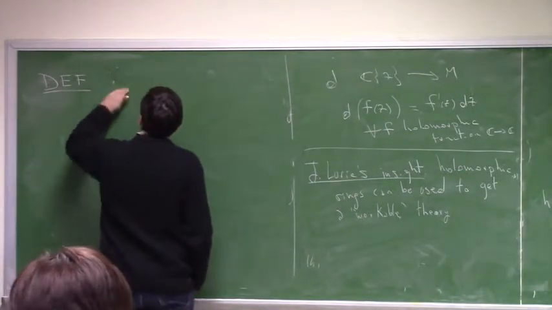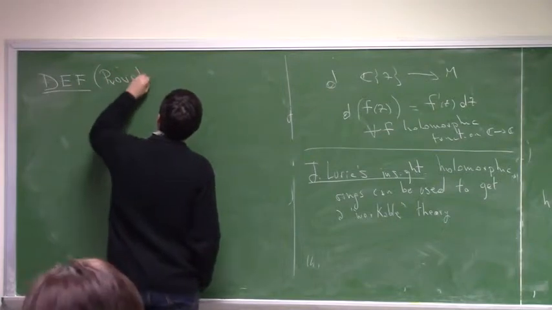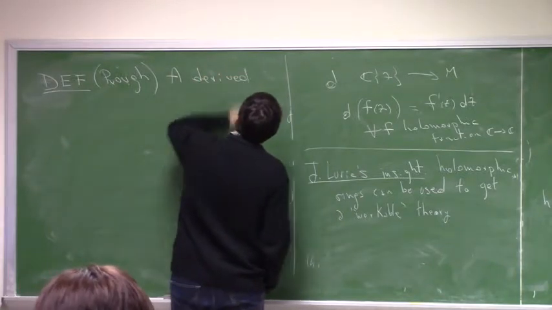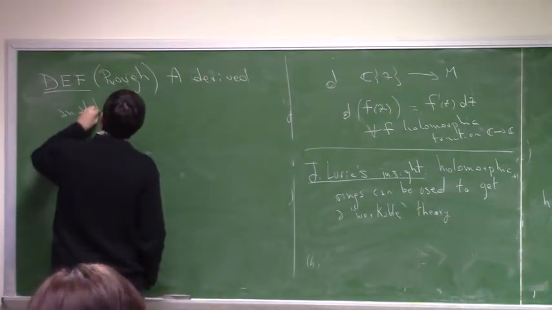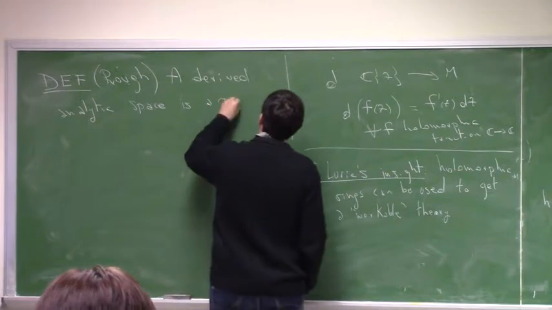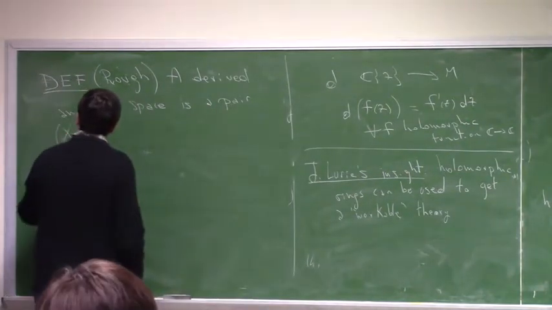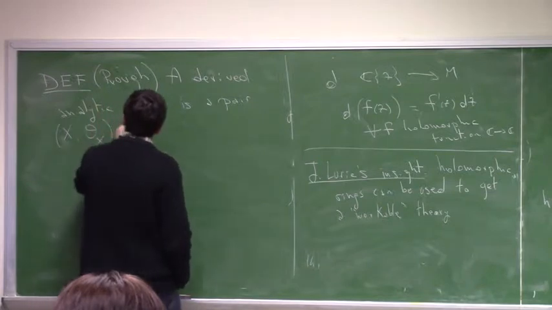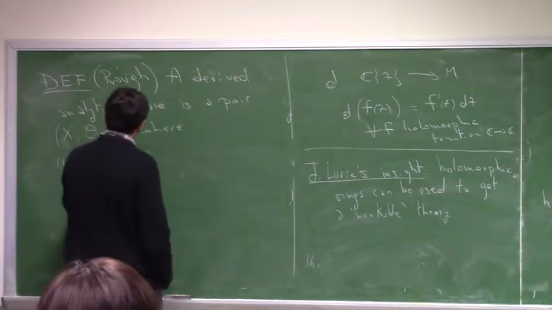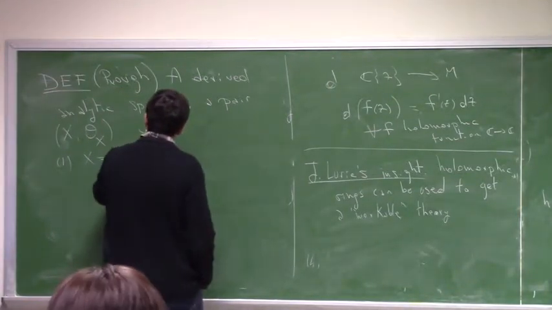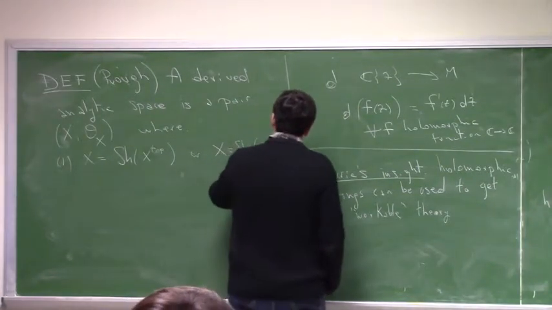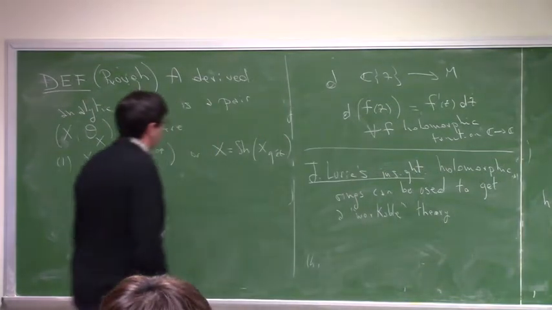So, roughly, a derived analytic space is a pair (X, O_X), where first of all, X is sheaves on some topological space, or sheaves on some quasi-étale site associated to a Berkovich space.